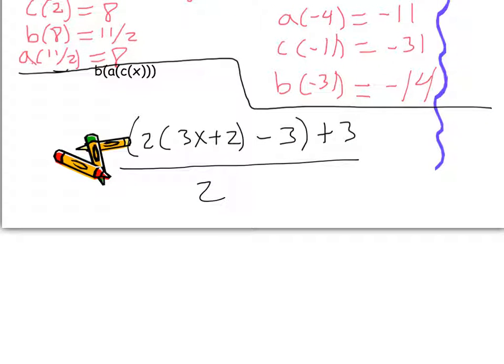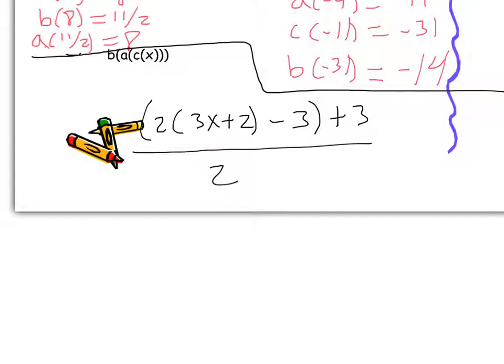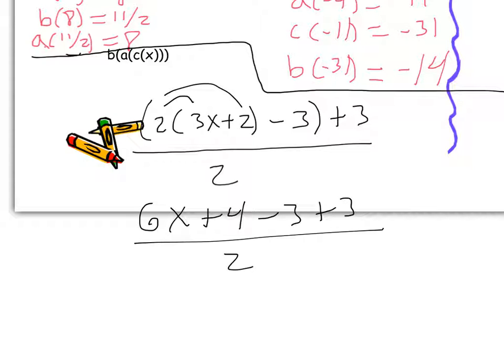Let's actually go through and simplify this. I've got to distribute here, because the big thing I want to do now is to make sure this is simplified. Up on the top I would have 6x plus 4 minus 3 plus 3.